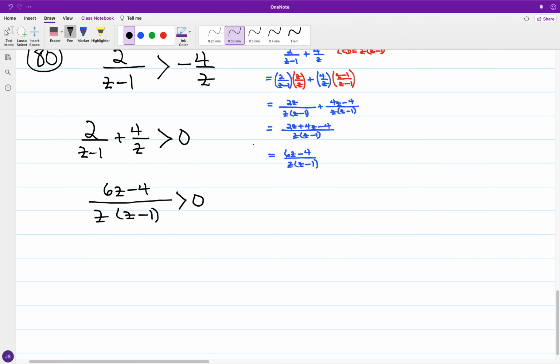In this case, we're looking at where our function, which we'll call r of z, is greater than 0. Again, r of z is equal to (6z minus 4) all over z times the quantity of z minus 1.